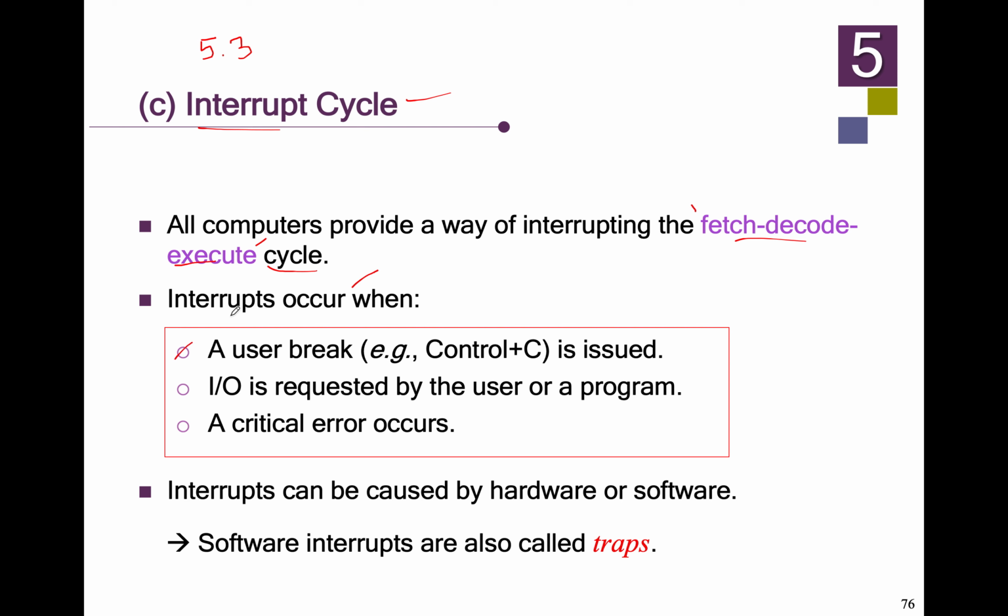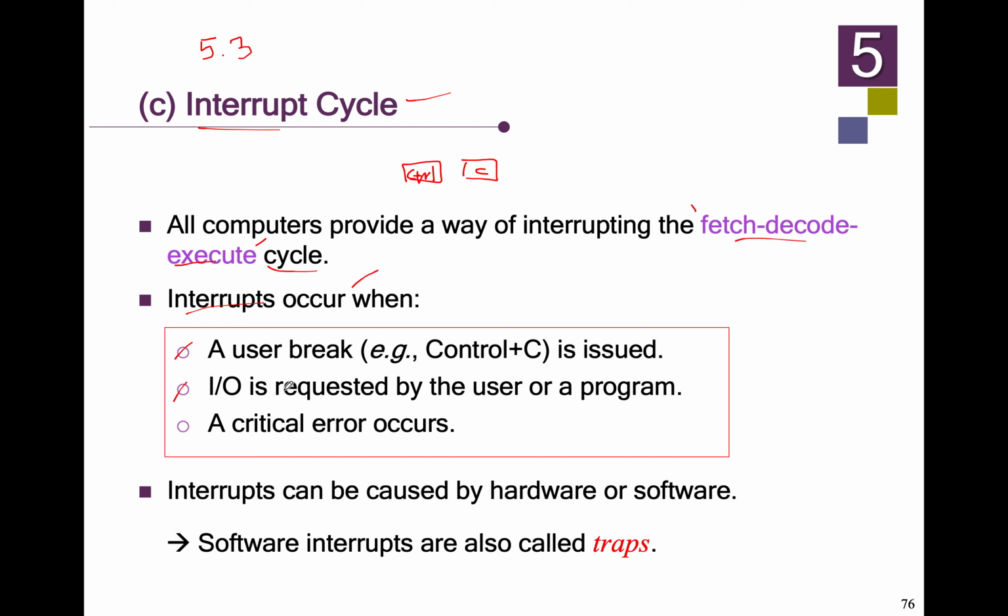First is a user break. Whenever you have your source code and you try to debug, or step by step look into the output, and you press Control and C on your keyboard, then it's going to stop, which is an interrupt happening.